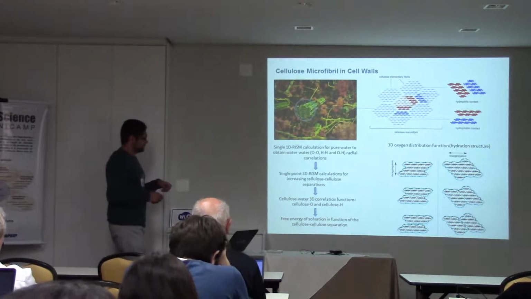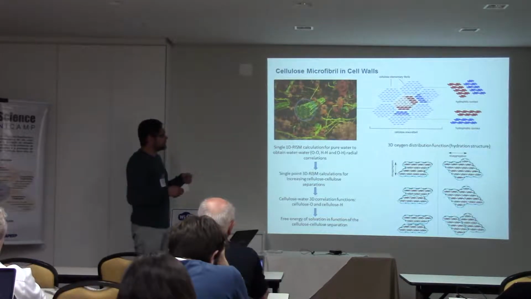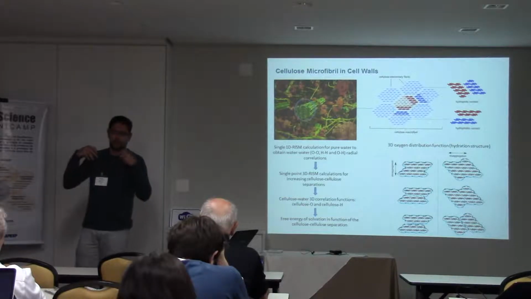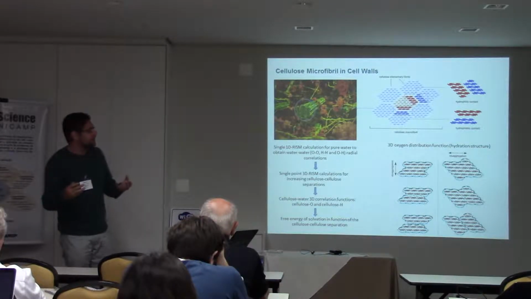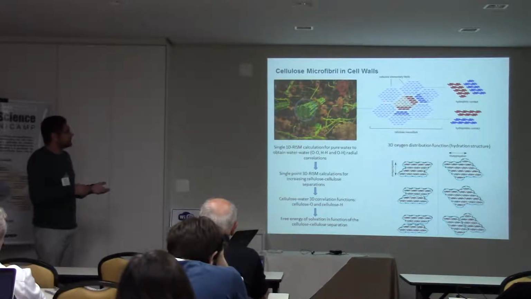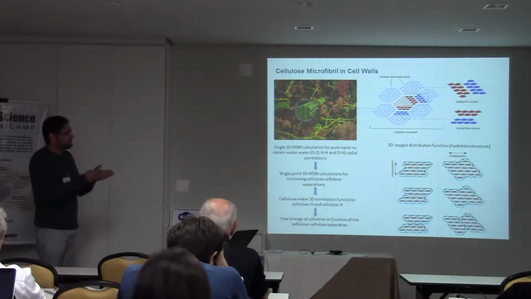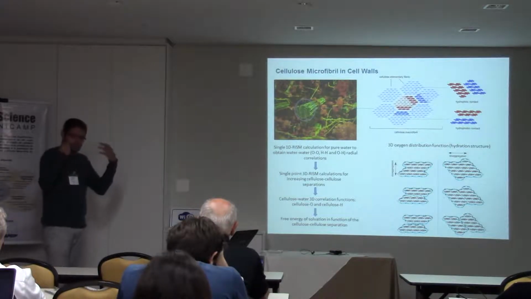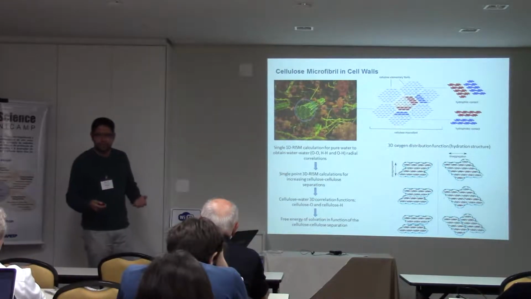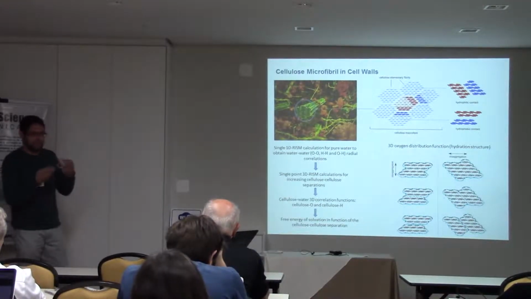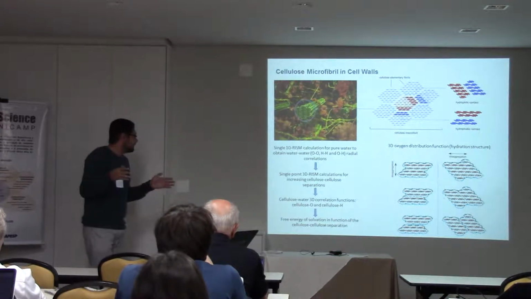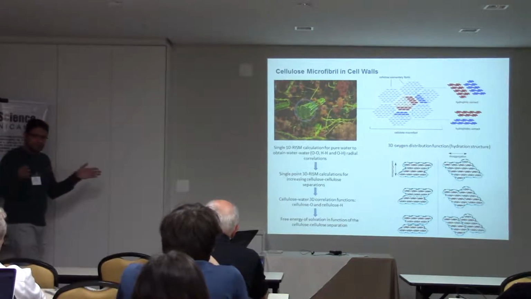So instead of just computing the density, the hydration structure around a given cellulose fiber, we can take just two cellulose fibers, for example, this scheme, and we can move them apart and solve the three-dimensional equations for every separation and get the structure, and from that get the thermodynamics as a function of the distance of the cellulose.